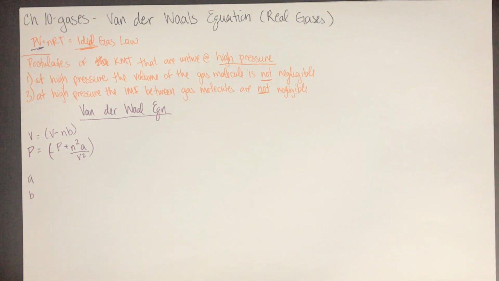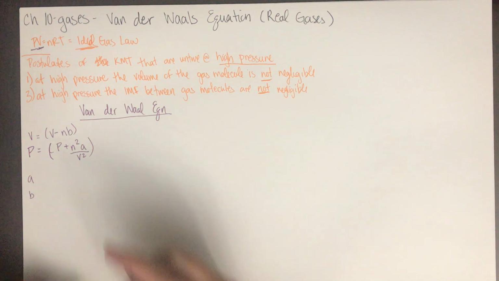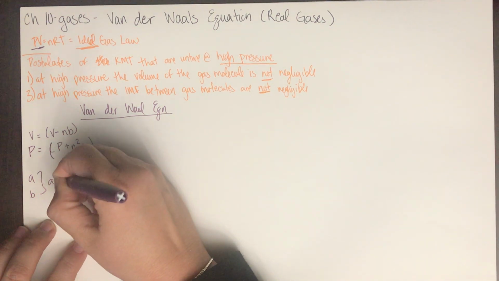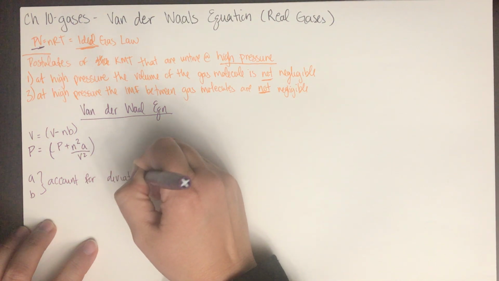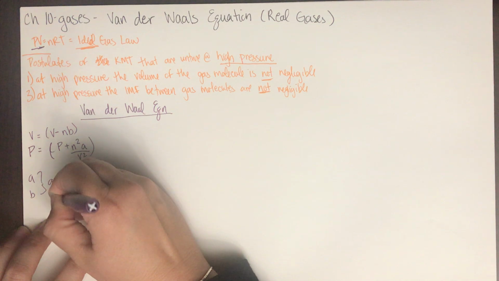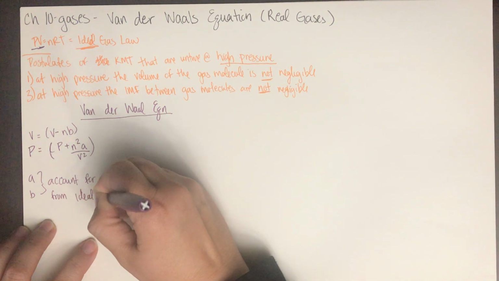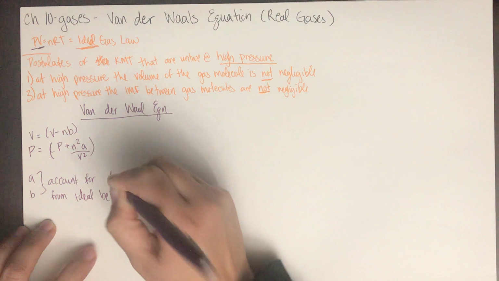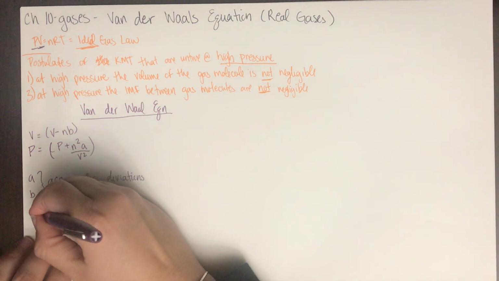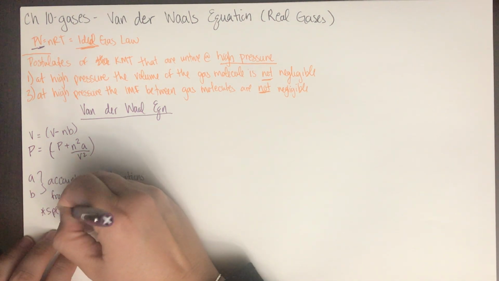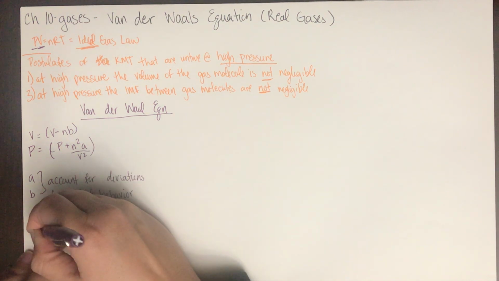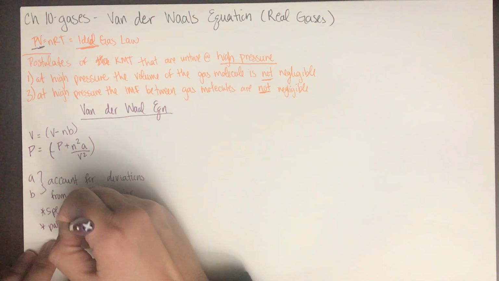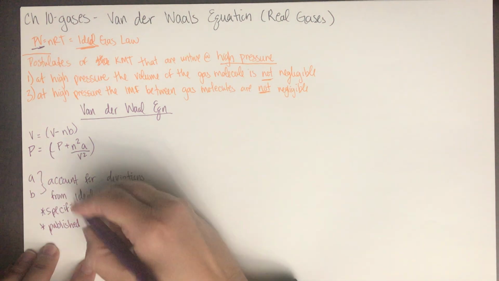This A term and B term account for the deviations from ideal behavior. They are specific to each gas. These would be published in a book somewhere.